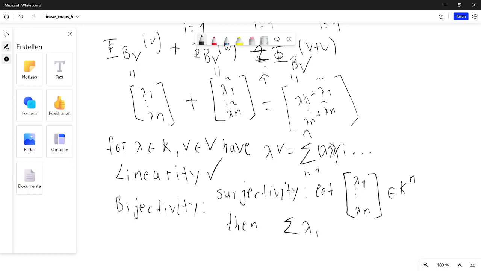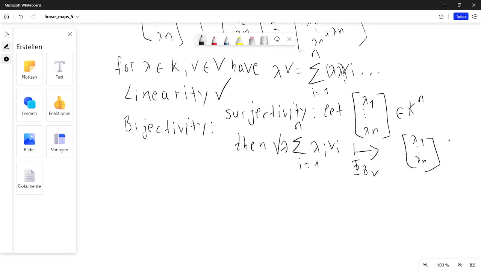This is an element of V simply by the closedness of addition and scalar multiplication, and that is mapped by the map of interest exactly to that, because that is the coordinates of this vector, because that is its representation, as we can see, right?